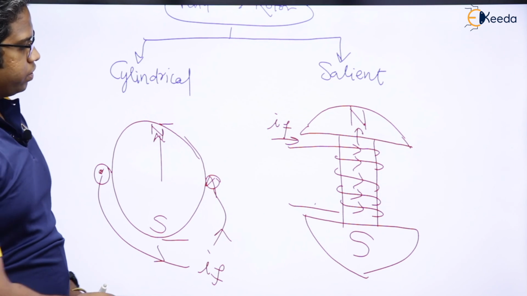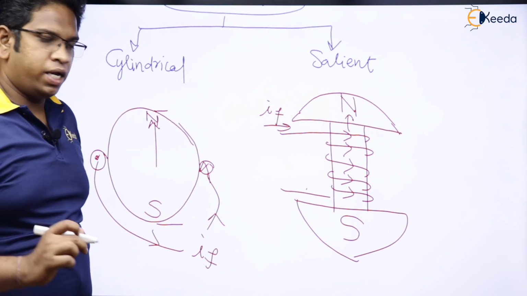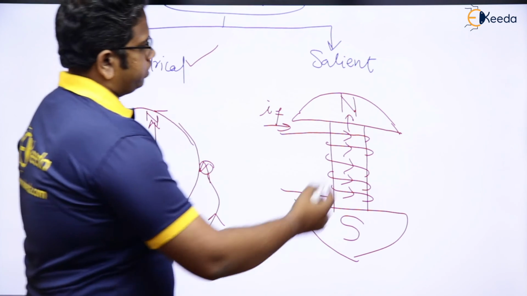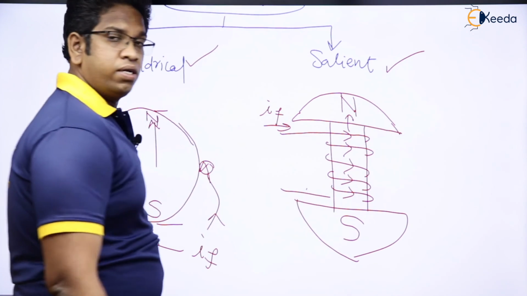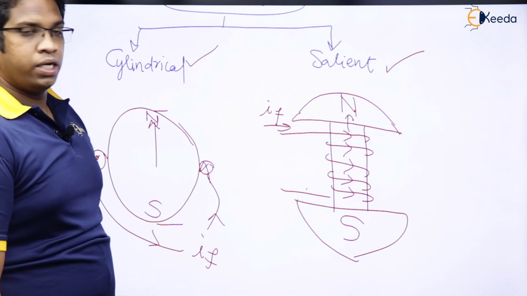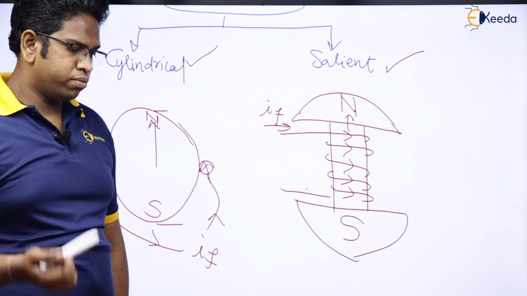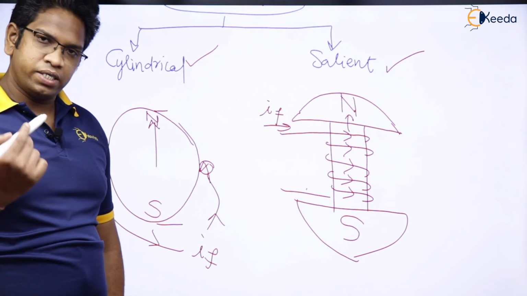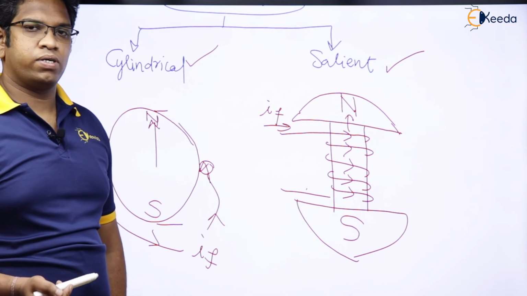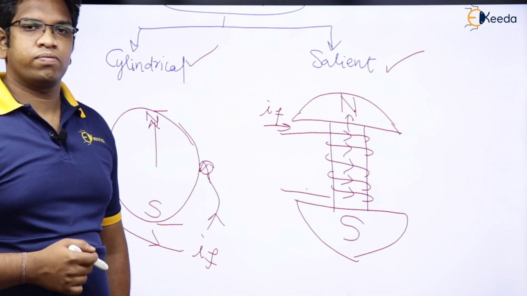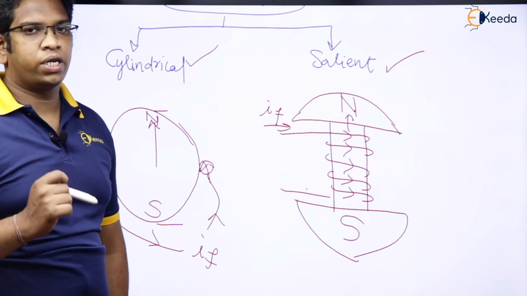But now let me tell you one thing. We have to analyze the cylindrical rotor in detail, and also the salient rotor in detail. Why? Because the synchronous machine is actually used for the purpose of generation, and induction motors are used for motoring operations.